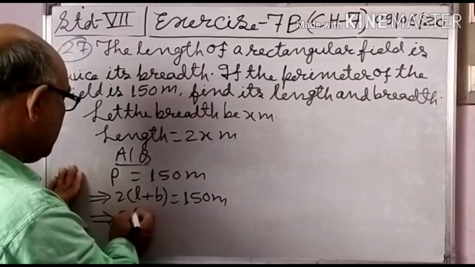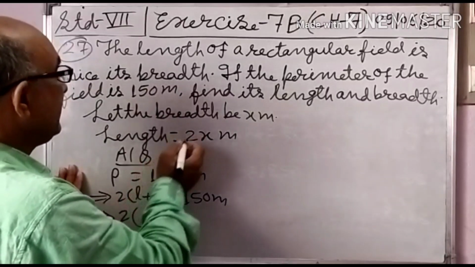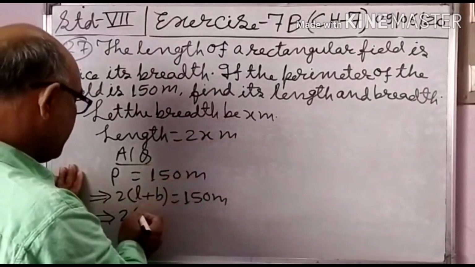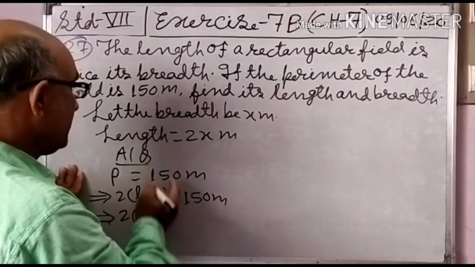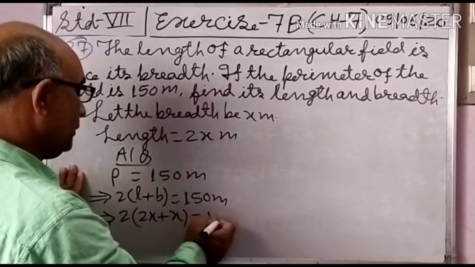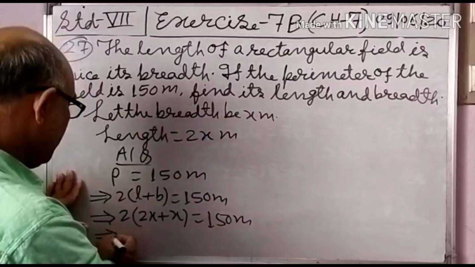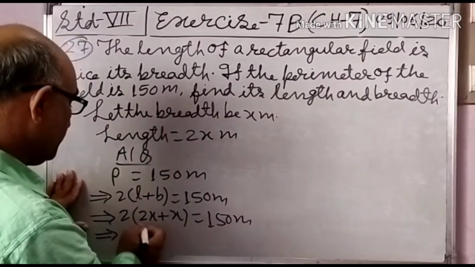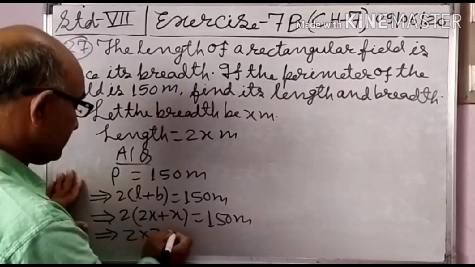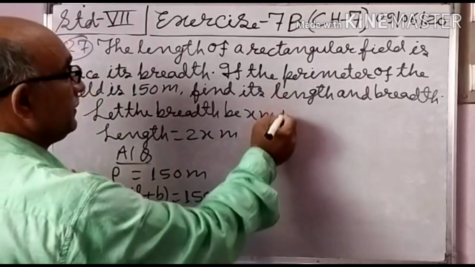That implies 2 into, L means 2x, so 2x plus B is x, equal to 150 meter. That implies 2 into 2x plus x, 3x, equal to 150 meter.